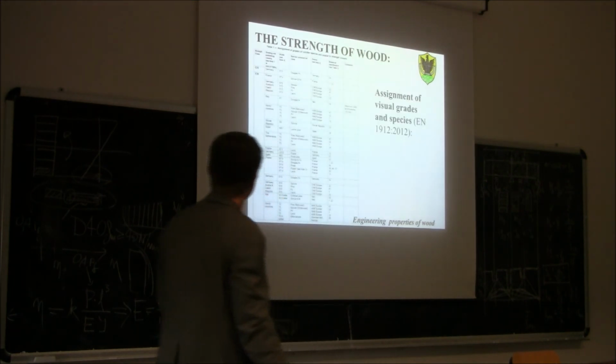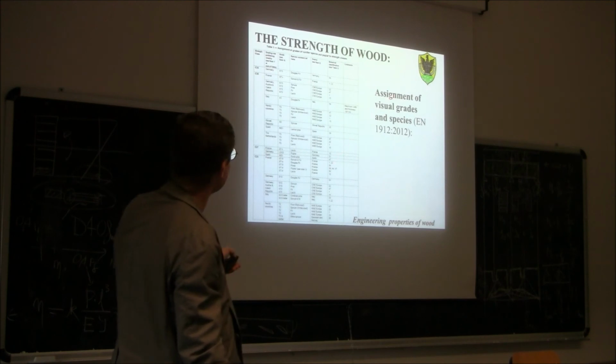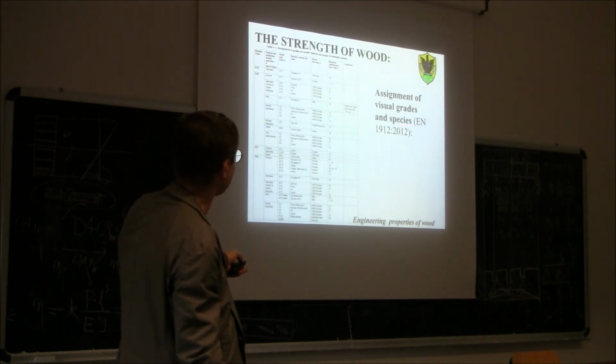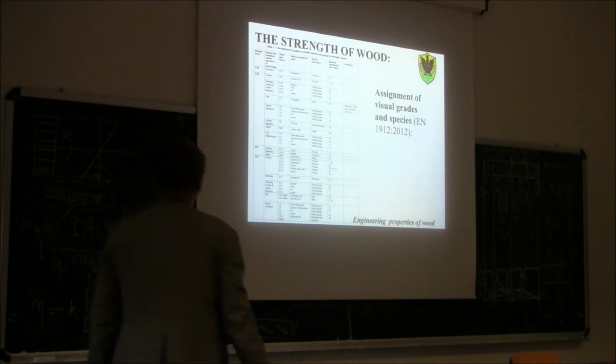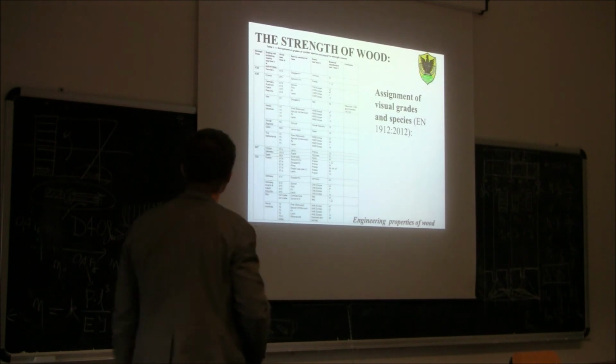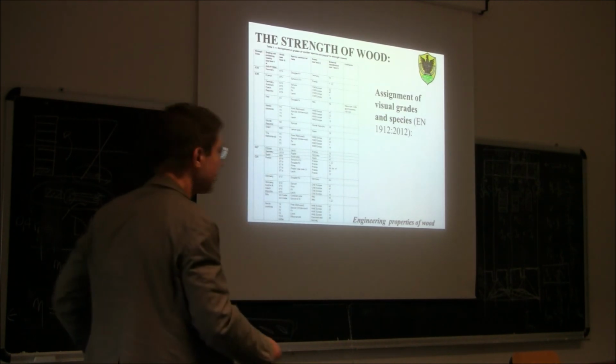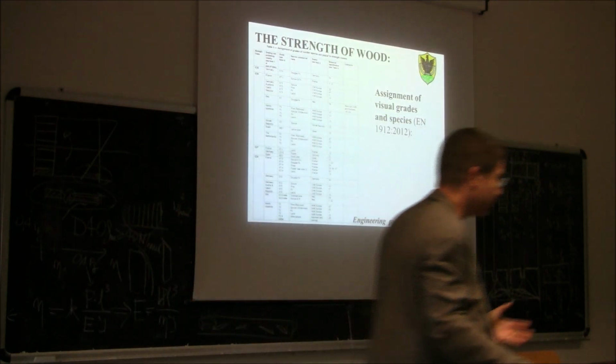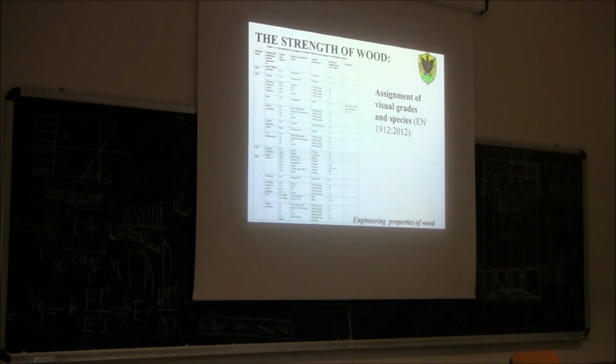Let's go to C. You see here, for example, this is an assignment of visual grades and species, always taken from this regulation. For example, suppose that in Italy we have Douglas. So Douglas is legno di Douglas. It's a kind of wood that can be found in the Apennine region, particularly in Tuscany.